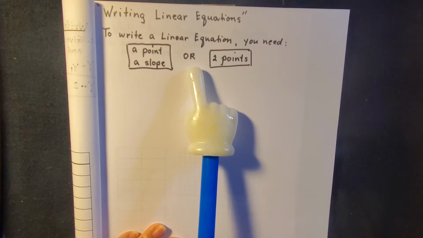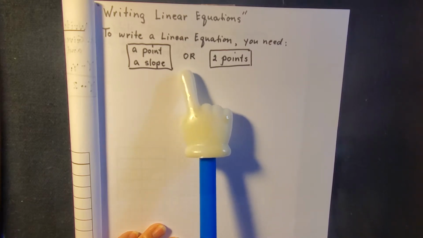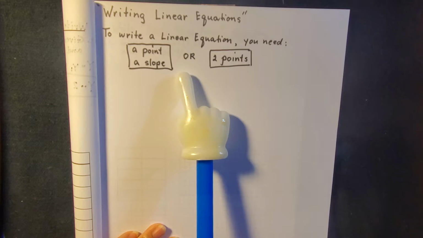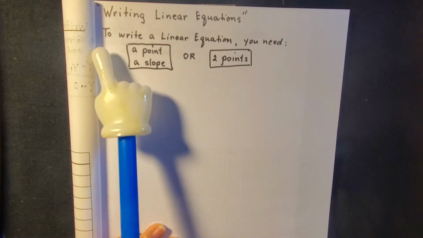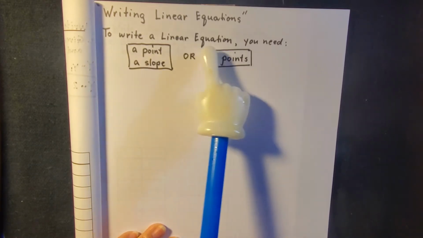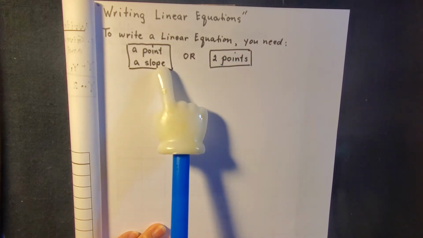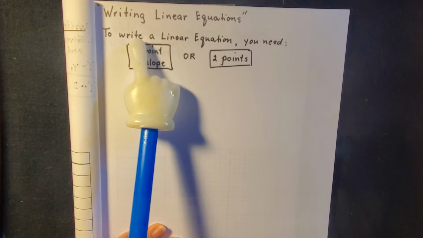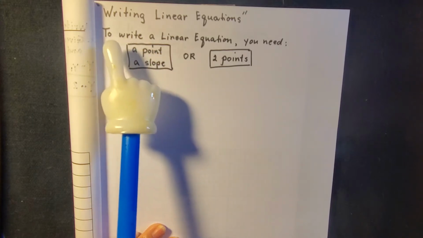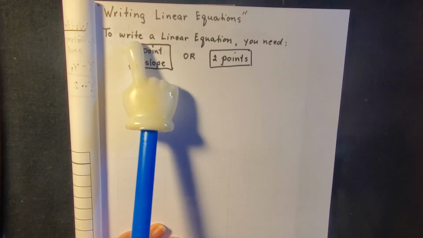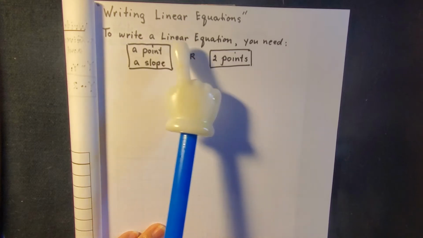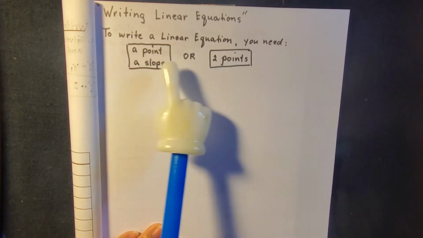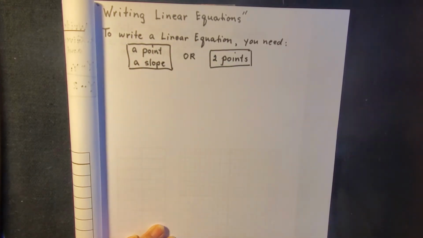Yes, it is, because when I presented graphing, I told you that to graph a linear equation you need a point and a slope, or 2 points. So it is the same thing, students, to write. So I will repeat: to graph and to write a linear equation, you need these two. Okay, let us begin.